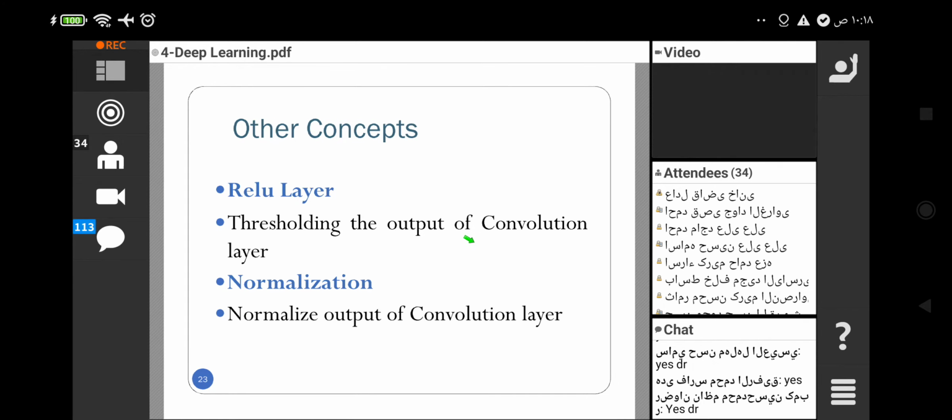In the convolution layer, we have two different layers that are doing some other operations. One of them is ReLU. This is a layer in the convolution. After the convolution layer, we may have a ReLU layer.